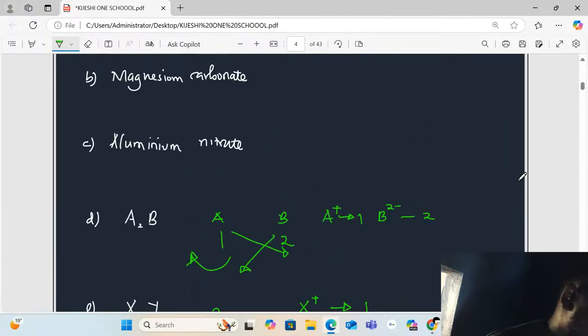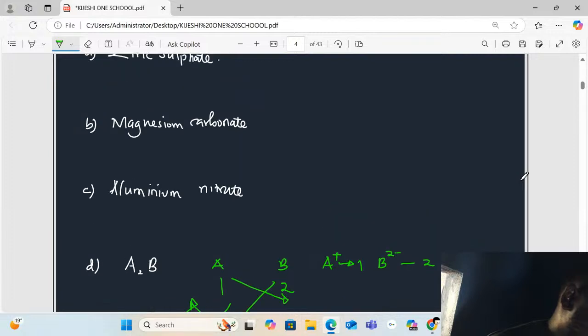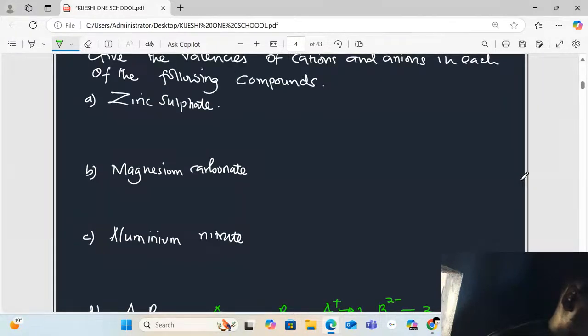We have now the aluminium nitrate, magnesium carbonate, and we have the zinc sulfate. Then we can start with the zinc sulfate. This one is written as zinc sulfate like that.